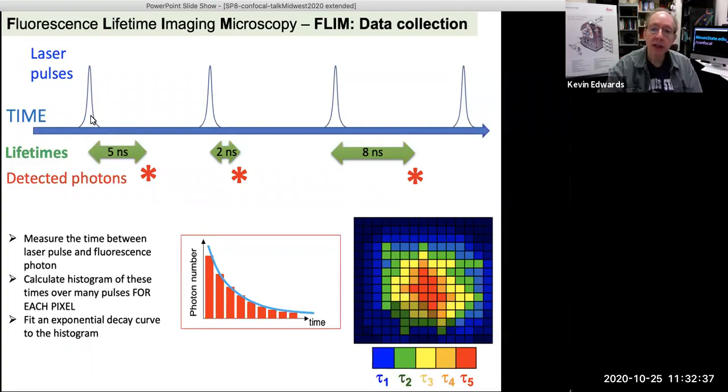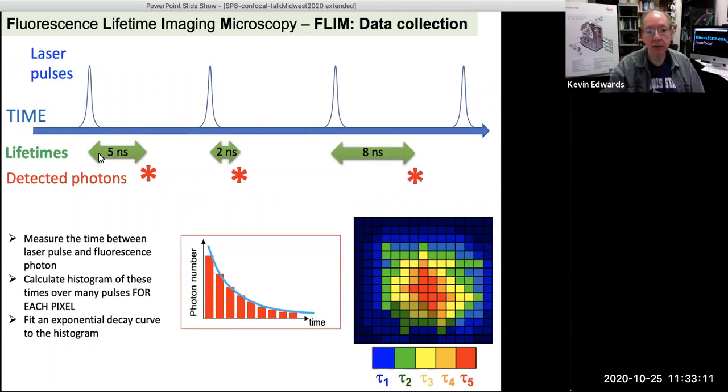After a pulse hits the sample, the detector will count how long it takes before it gets an emitted photon following that pulse. So let's say there's 5 nanoseconds, and then the hybrid detector detects a photon that's come off of the dye. After another pulse, we collect another photon, and it will count, let's say, 2 nanoseconds; another pulse, let's say 8 nanoseconds later before the first photon hits.